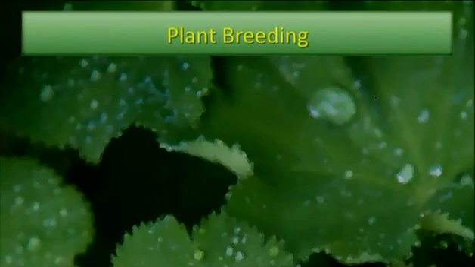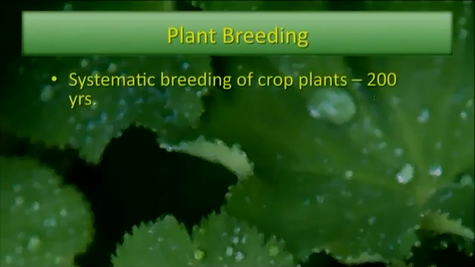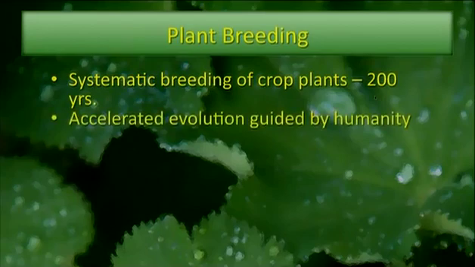Plant breeding. The systematic breeding of crop plants has been only for about 200 years. Until then, improvements were made by planting seeds from desirable plants, but the actual systematic breeding didn't start until about 200 years ago. Plant breeding is like accelerated evolution guided by humanity rather than nature.